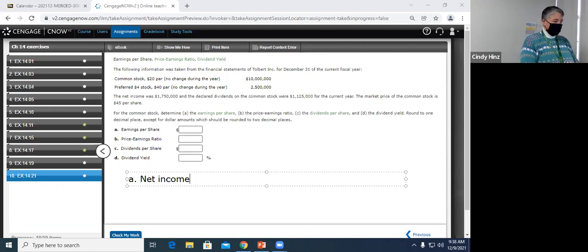So we're going to subtract from that net income. Earnings per share is net income, but we're going to subtract from that our preferred dividends. Put this in parentheses here, because then we want to divide that by the number of shares of outstanding common stock.